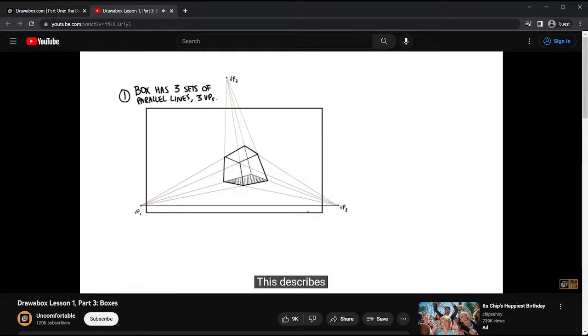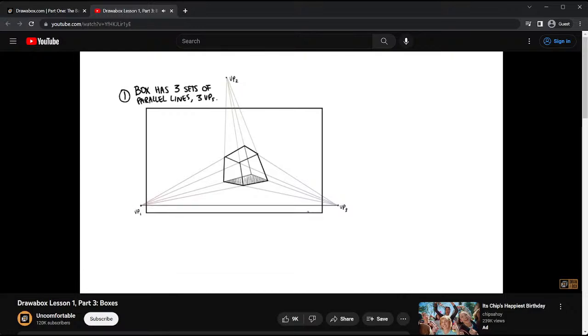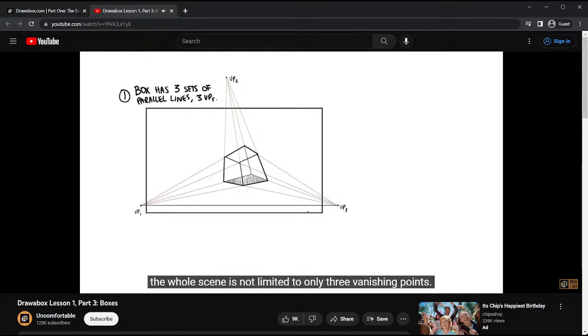People often use it to describe an entire scene, and that's not correct. As you can see here, this box that I've drawn has 3 vanishing points, so that's quote-unquote 3-point perspective. But as I will show in a moment, the whole scene is not limited to only 3 vanishing points. It is this box alone that has just 3 vanishing points.